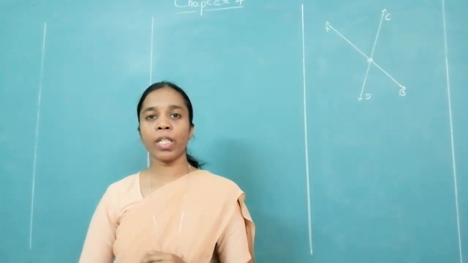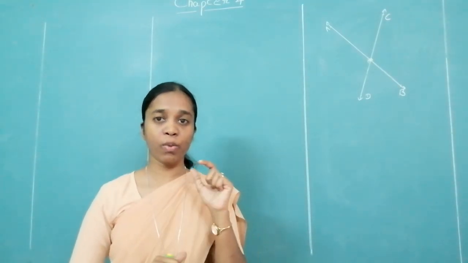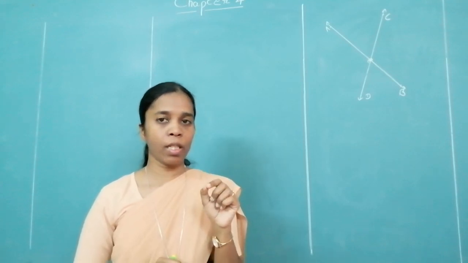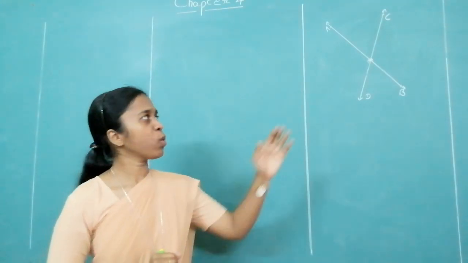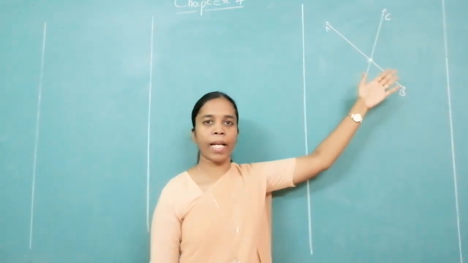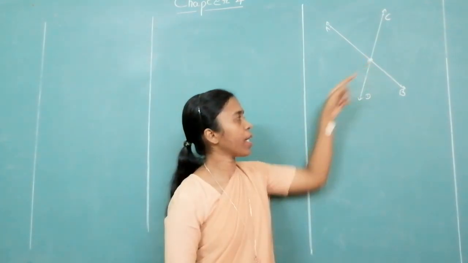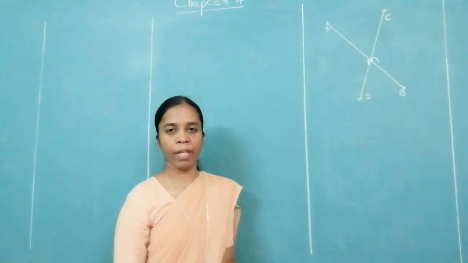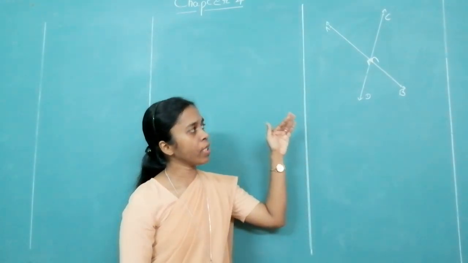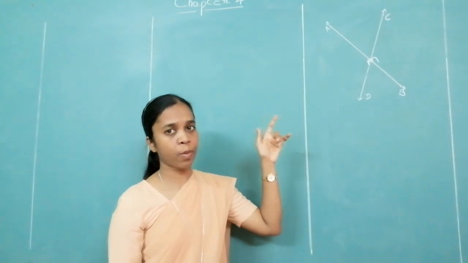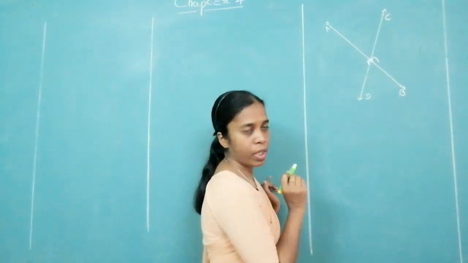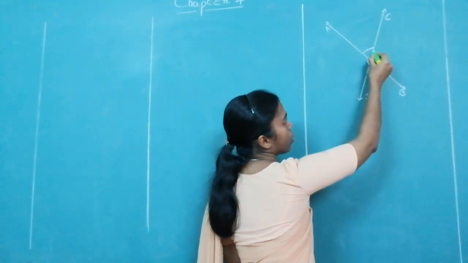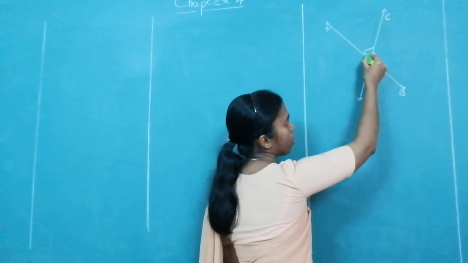The next topic is vertically opposite angles. Vertically opposite means the angles created at the vertex are vertically opposite. I have two lines here, line AB and line CD, and they intersect at a point M. Can you tell me how many angles are created here? 1, 2, 3, 4.